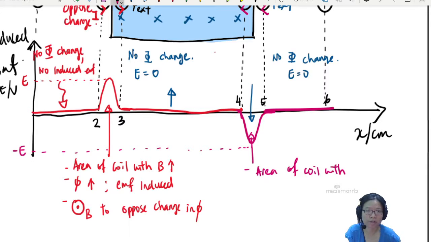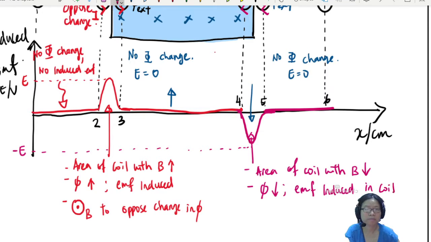The area of the coil with the magnetic flux density decreases because the coil is transitioning out. So the flux will decrease, and according to Faraday, decrease is a change. EMF or current is induced in the coil. Don't worry, I will scroll up.